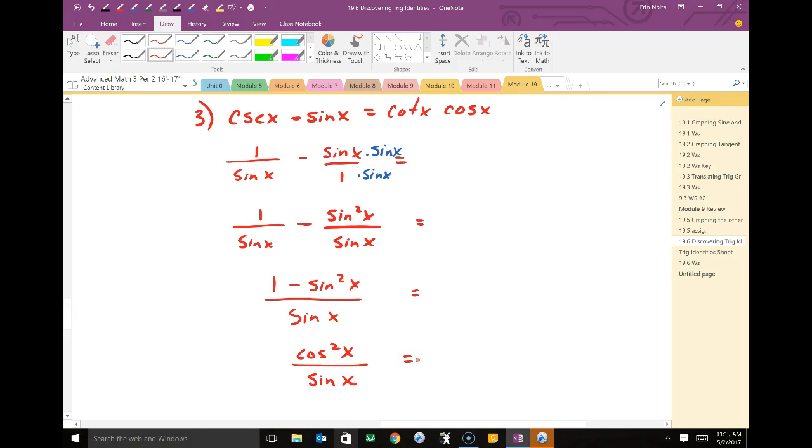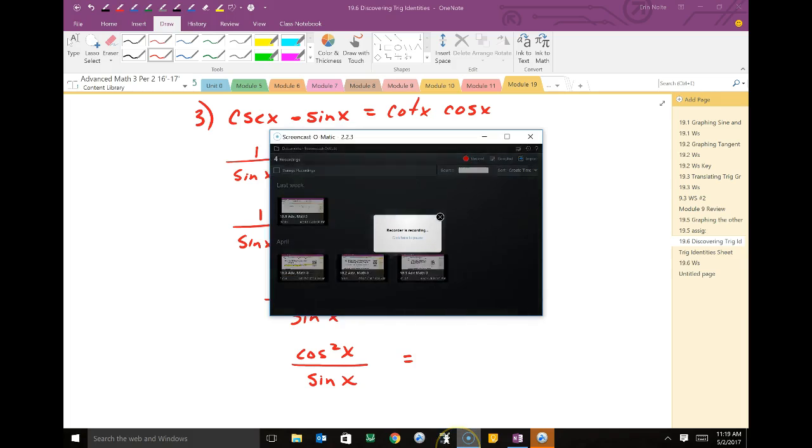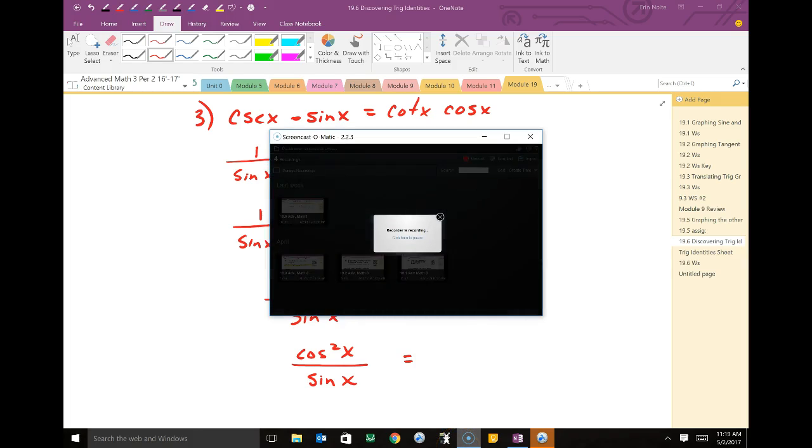Now, do you see the relationship between this one and this one? This is where I'm going to. How can I manipulate this? Because if you get cosine over 1 times cosine over sine, then it's going to be a cotangent, and then you'll have the 1 cosine. Good.